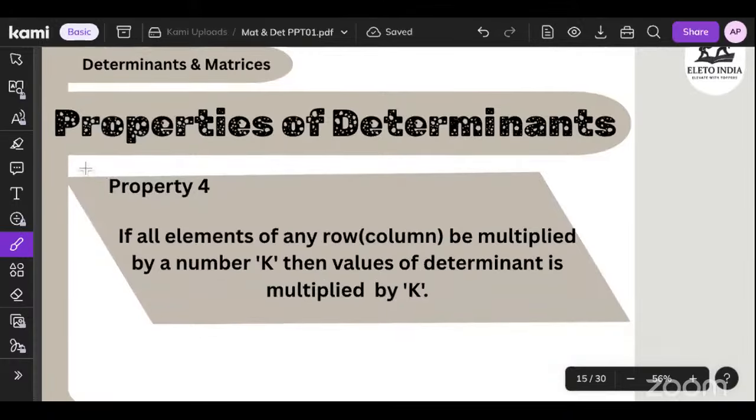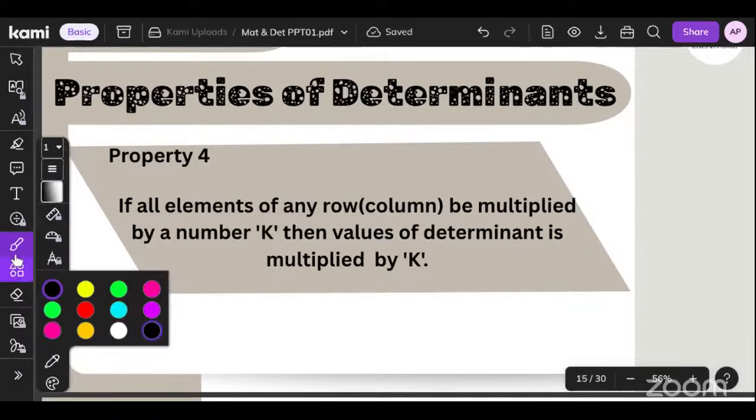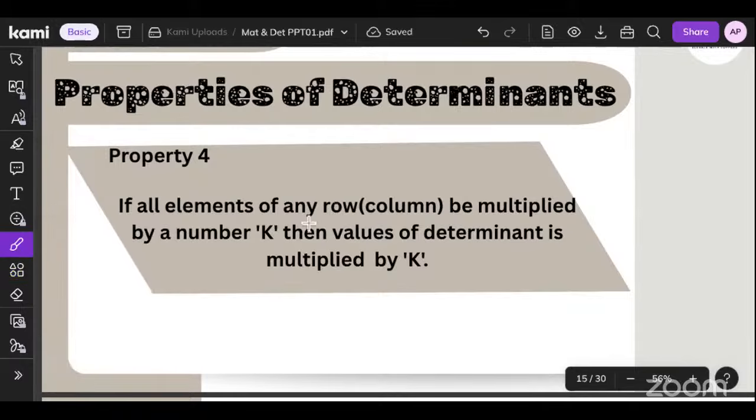And then let us finally come to property 4. If all elements of any row or column are multiplied by a number k, then the value of the determinant is also multiplied by k.